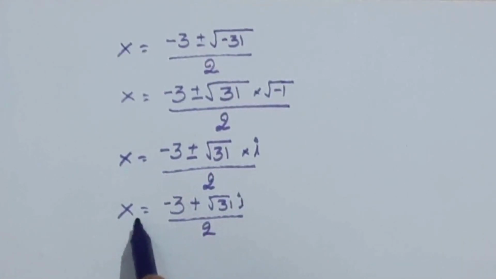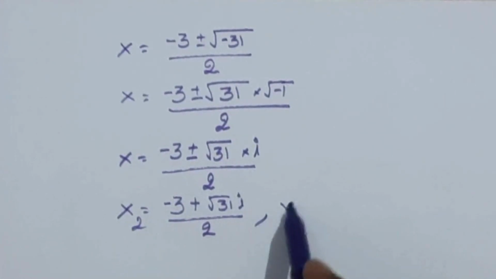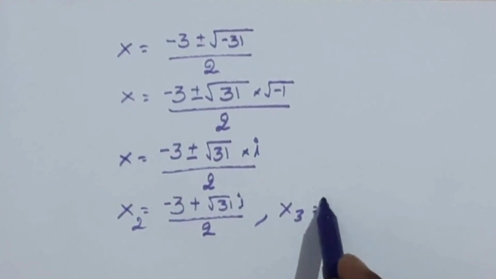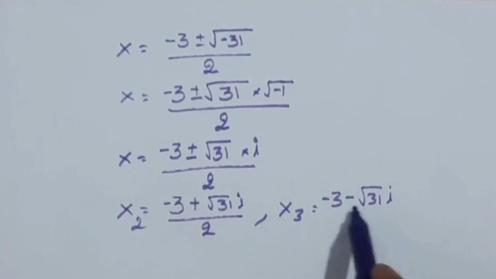This is the x2. x3 will be (-3 - square root of 31 i) / 2.